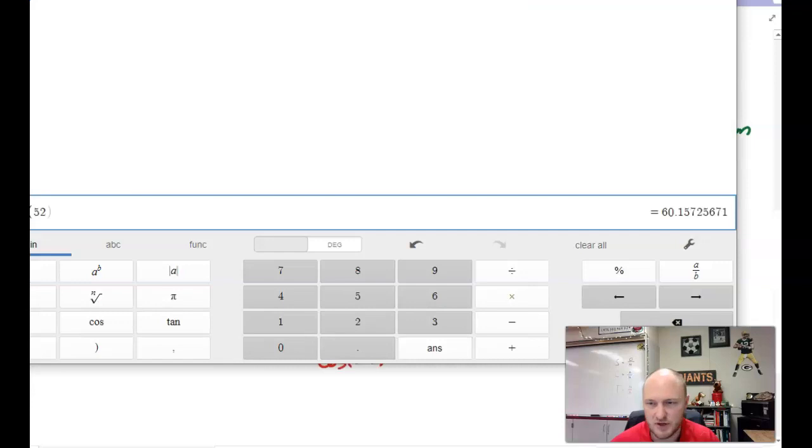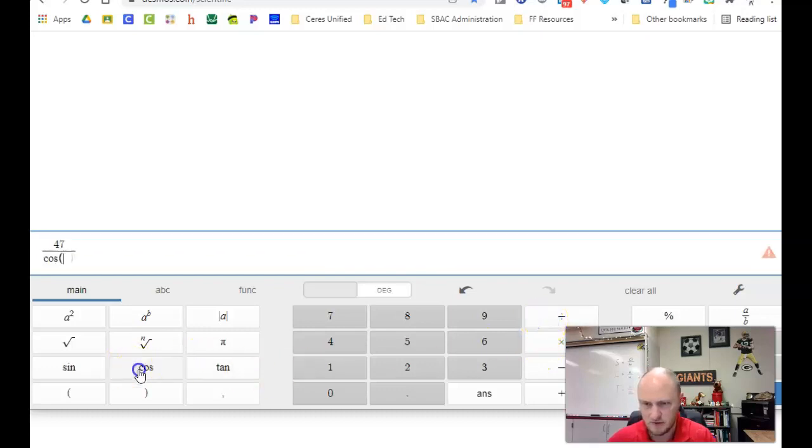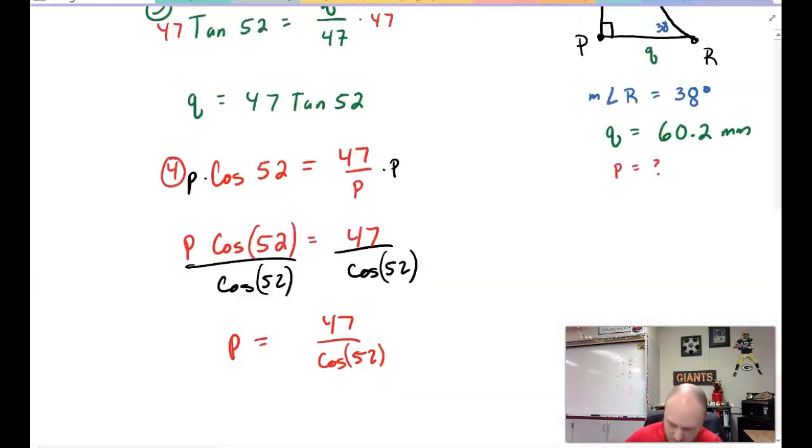Okay, so let's plug this into our calculator. So 47 divided by cosine of 52. And we get approximately 76.3.